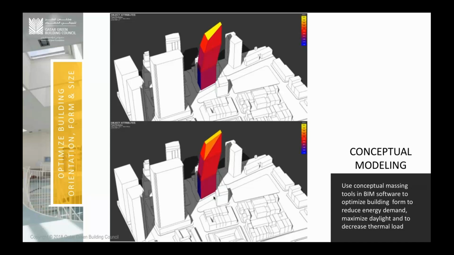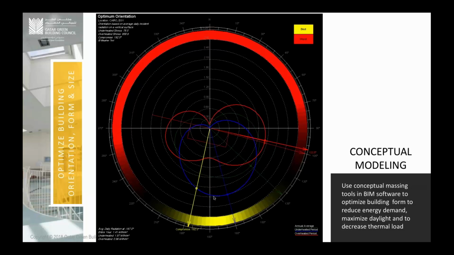And Milad will cover more of the CFD later in the stage. But doing that in the early stages will really save you lots of things, from the coordination costs and so on. And then typically within the simulation software, you will get what we call the optimum orientation, which based on your principles and your form will tell you how to position your building to best align it with your solar gains and air movement if you're considering natural ventilation.